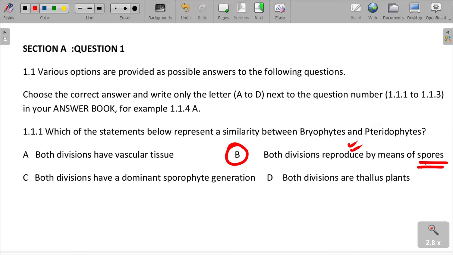And you remember we said that the bryophytes do not have vascular tissues, whereas pteridophytes do have vascular tissues. However, the bryophytes don't have the xylem and phloem vessels. So the answer is B.